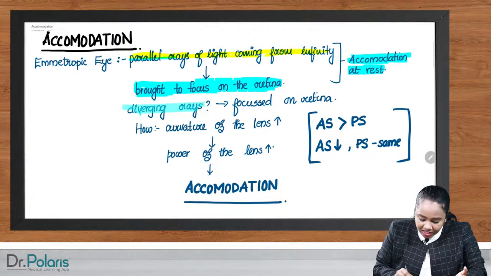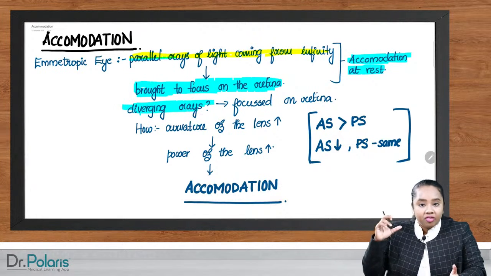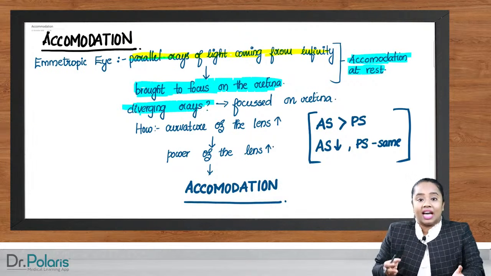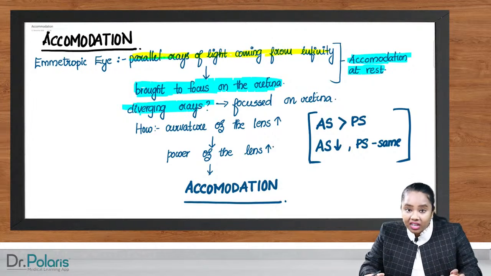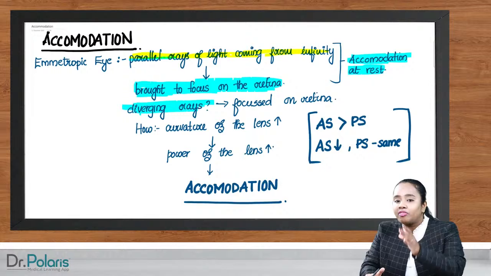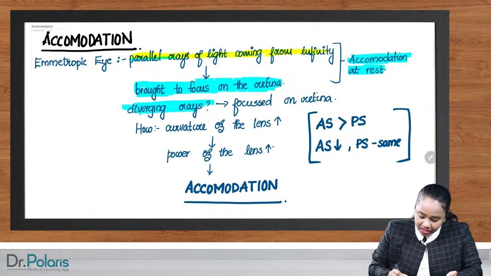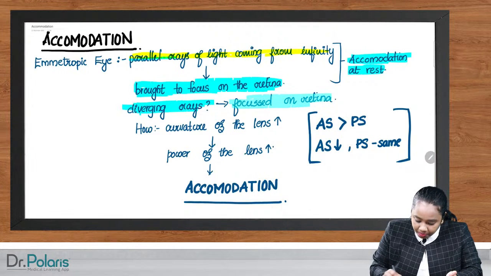Normally these would not be focused, but in our eyes we have a mechanism so that the diverging rays coming from a nearby object are made to focus on the retina.